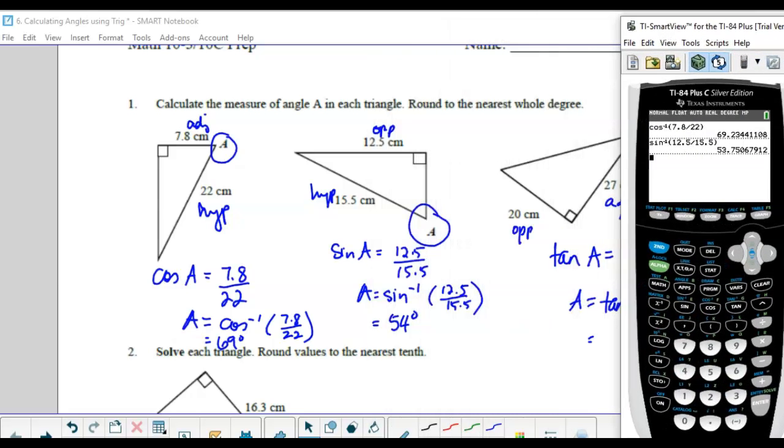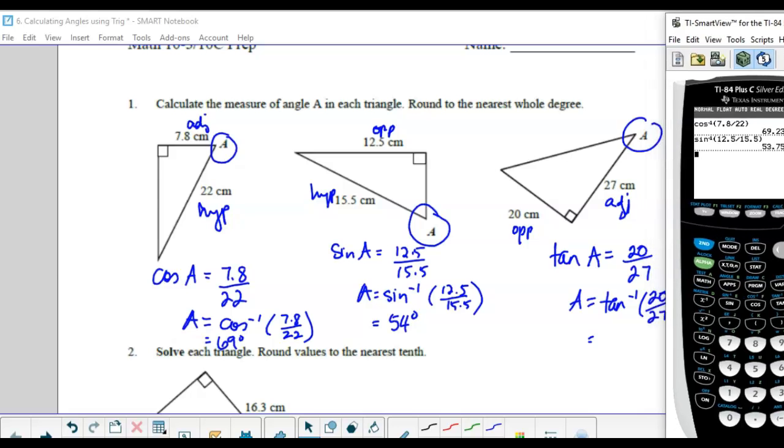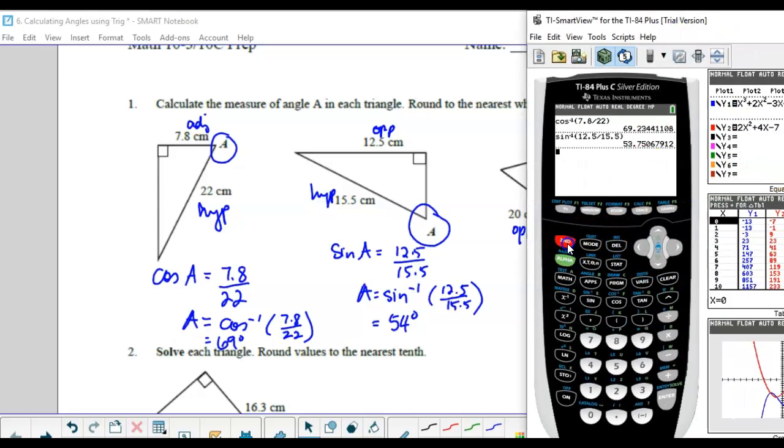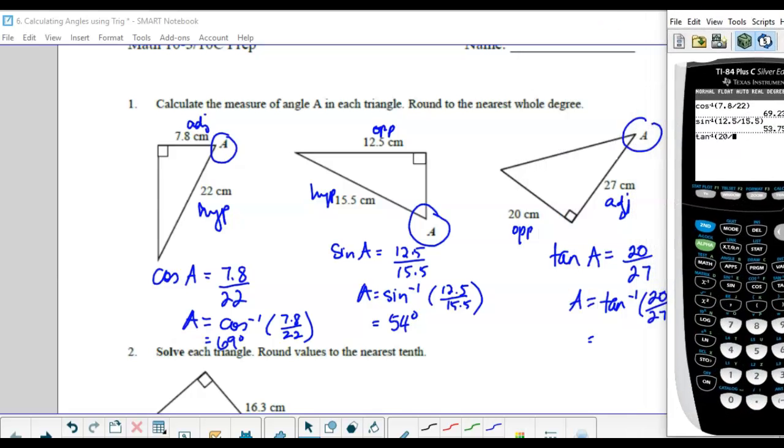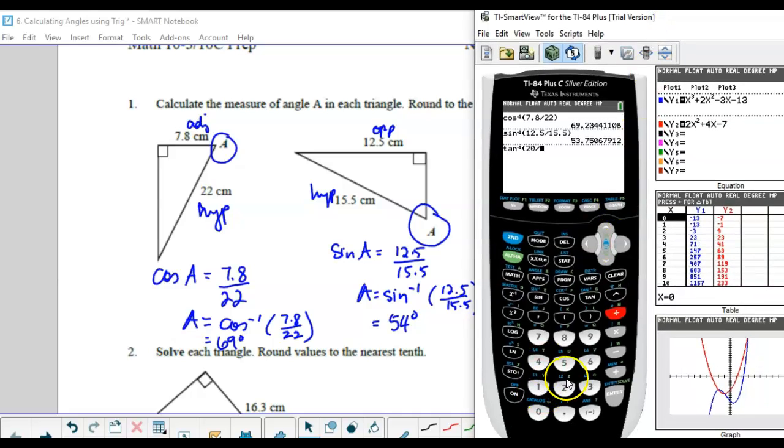Ask your teacher. They can walk you through it. So second tan 20 over 27. So that rounds to 37.